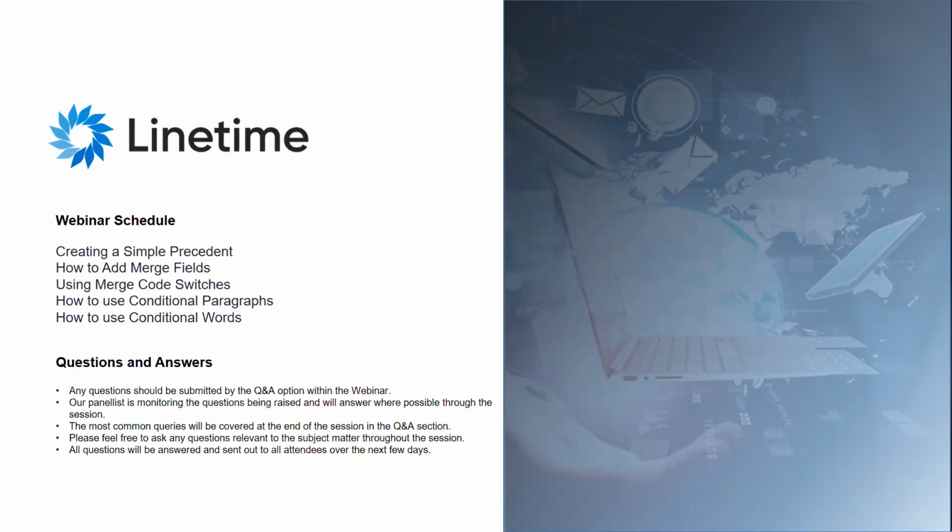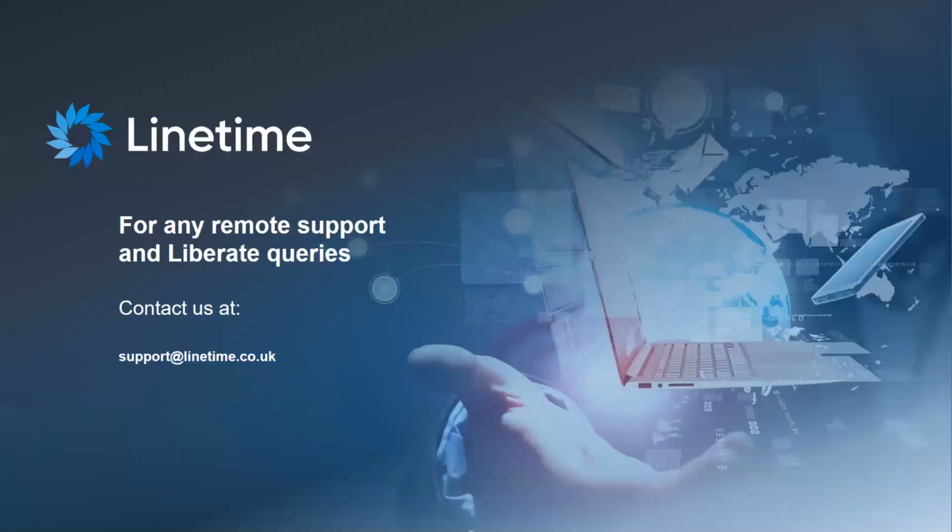So it's creating a basic precedent from the admin in Liberate and seeing how you can view it in the front end. Any questions that you may have, please just use the usual functionality with your Q&A option. You'll have a little icon on the toolbar. Fire any questions and we'll answer those hopefully as we go along. There'll also be some time at the end as well for any further questions.